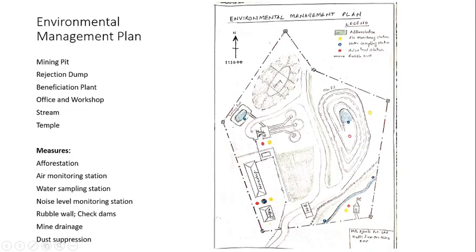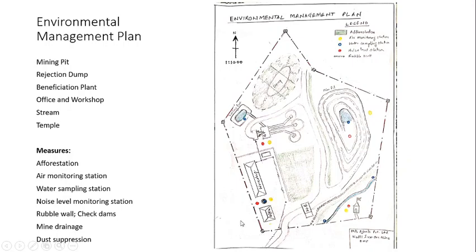These are the offices and a workshop here. There is also a stream here and a temple. So all these existing features should be included in the environmental management plan.